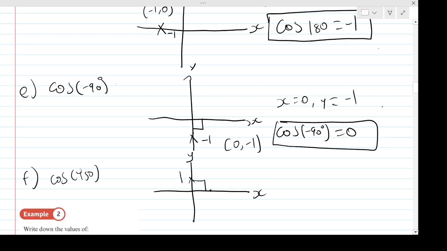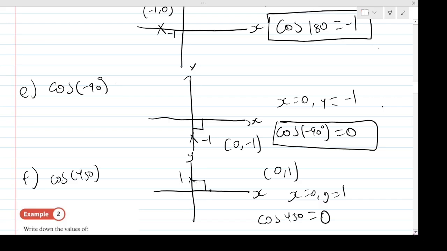So our coordinate would be (0, 1). So x would be 0 if it's on the y-axis, and y would indeed be 1. The cos part again is about the x, so that means cos of our angle 450 gets us 0. Okay, so again, we can do angles bigger than 360 by just doing a full turn and then going on from there.